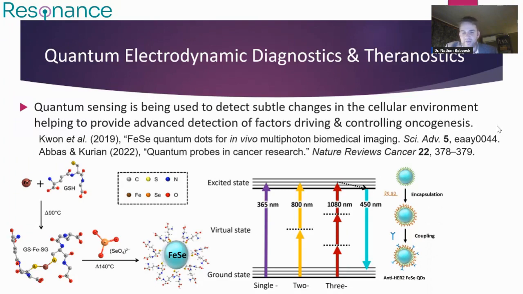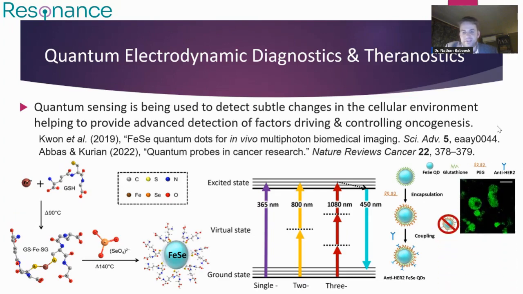So what we have here, we begin by encapsulating the nanoparticle. We add, for example, a particular antibody using a number of typical biological molecules, and then they allow us to look inside the cell.